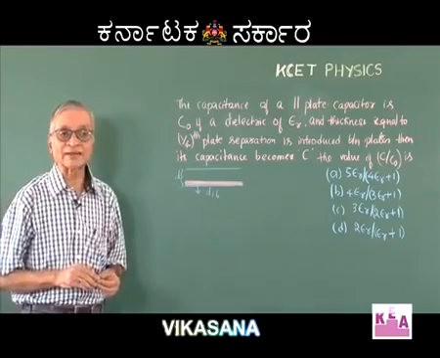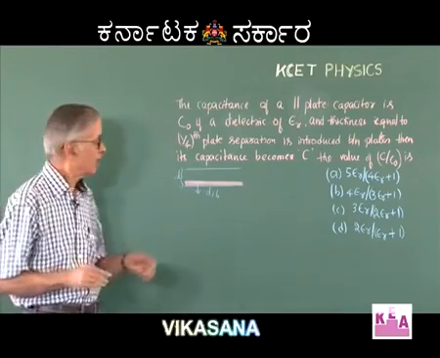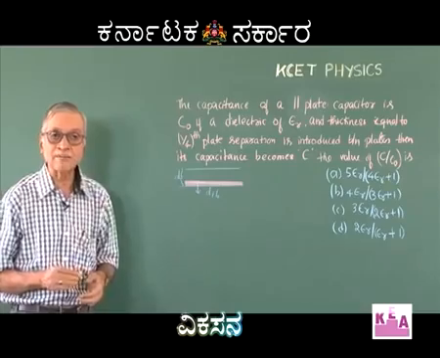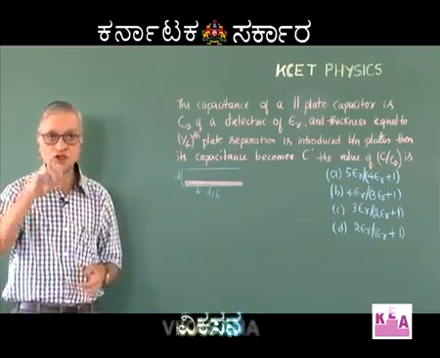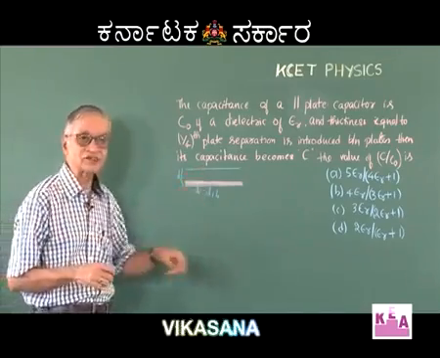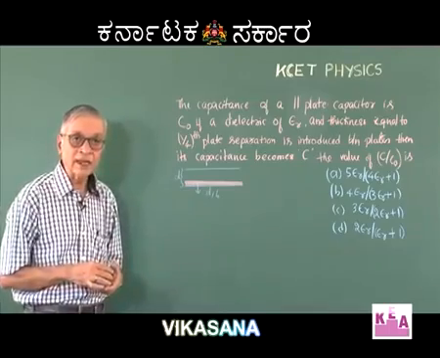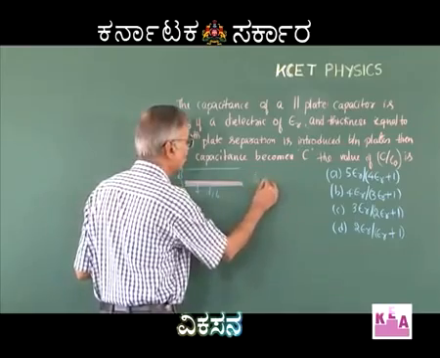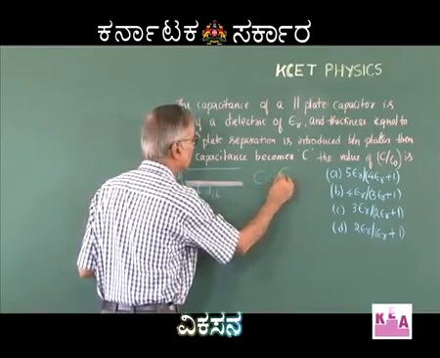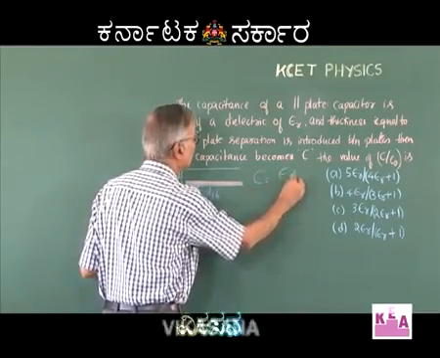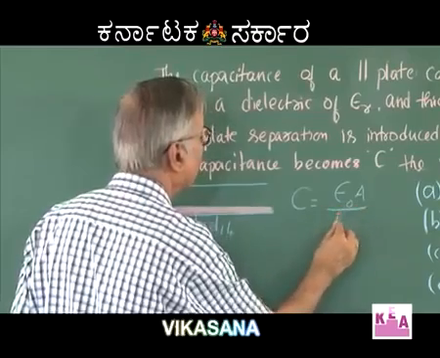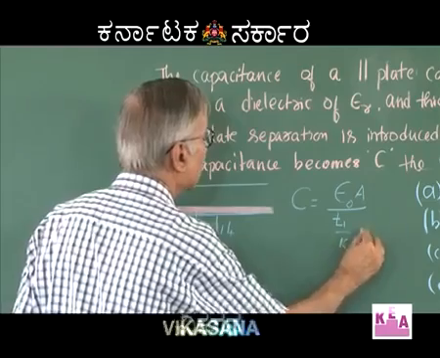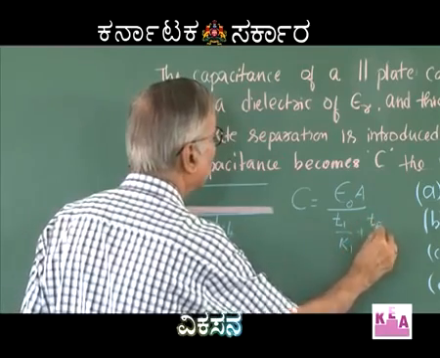Please remember that if dielectric slabs of different thicknesses are placed horizontally between the plates, then the capacity of the condenser is given by the formula C is equal to epsilon 0 A divided by T1 by K1 plus T2 by K2.